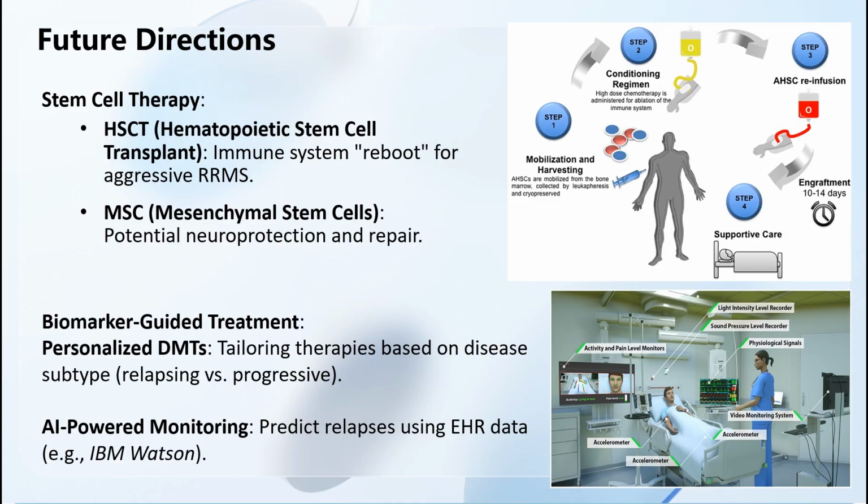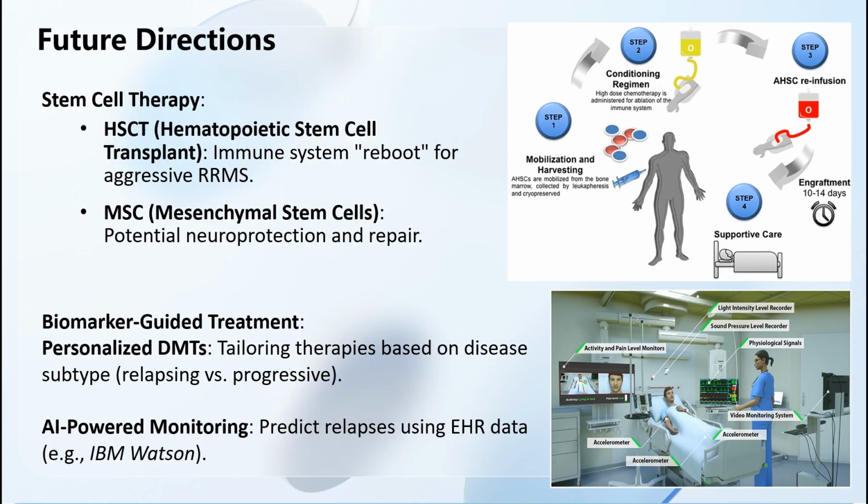There also needs to be biomarker-guided treatment, such as personalized DMTs. This could be tailored to the patients based on the disease subtype. Right now, there is no cure for multiple sclerosis, but most of the drugs and therapeutics focus on the relapsing remitting multiple sclerosis type, in short, RRMS.